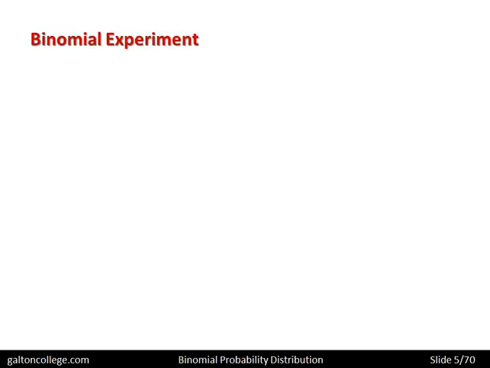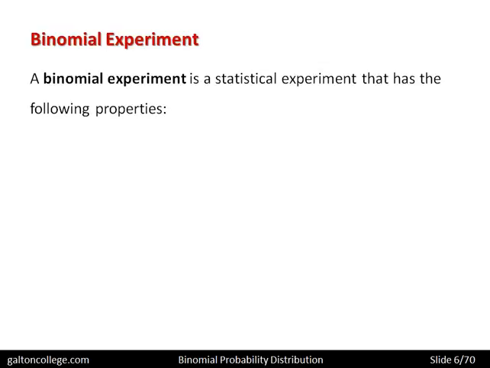So let's talk about the binomial experiment. It's a statistical experiment that has the following properties. It consists of n repeated trials. So there are a number of repeated trials. It's performed more than once. It's over and over and over.